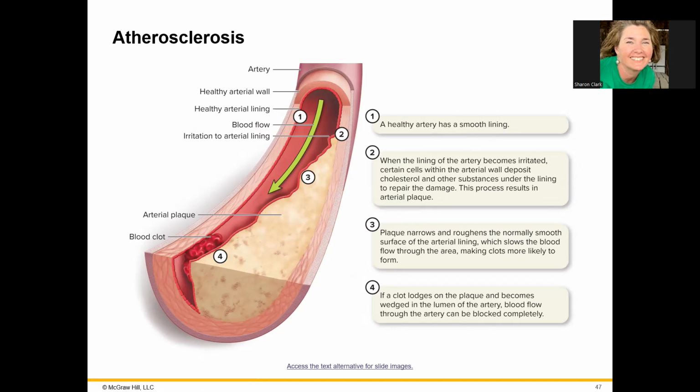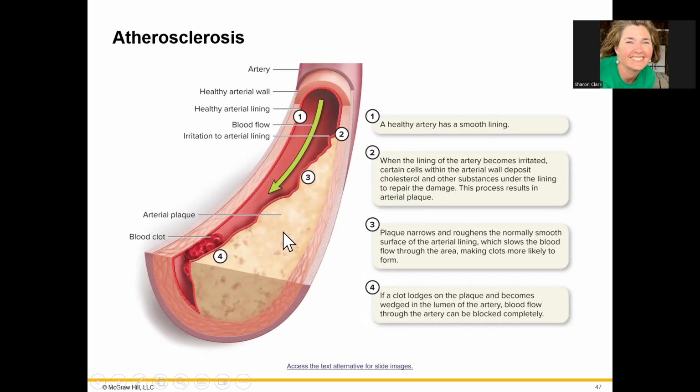Also, cigarette smoking irritates this lining. Certain types of bacteria irritate this lining. And so over time, this leads to the formation of arterial plaques, these lipid deposits that can begin to build up and make this artery narrower and narrower.